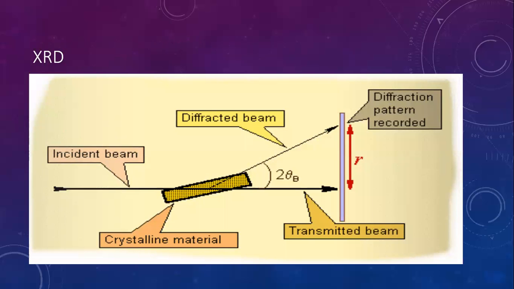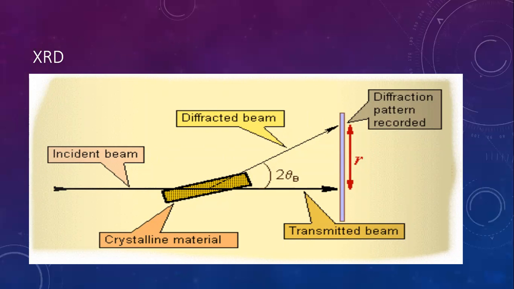Here's a diagram of XRD showing how the incident beam hits the crystalline material, and the diffracted beam changes angle and hits the diffraction pattern recording plane.